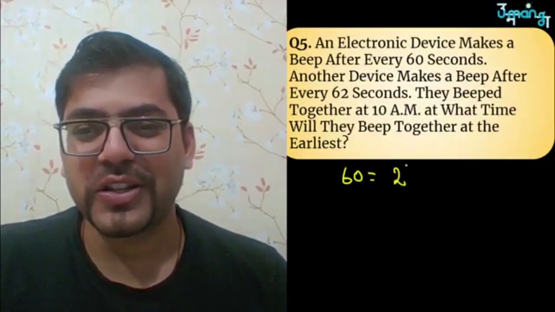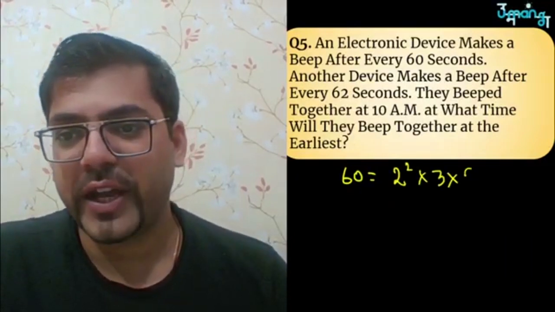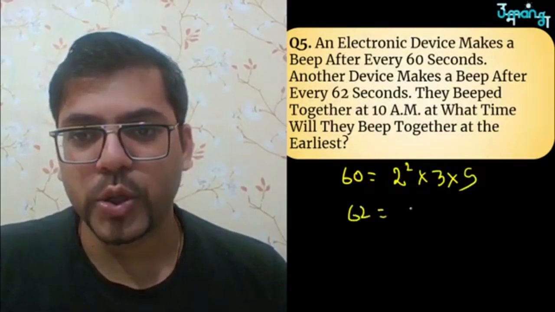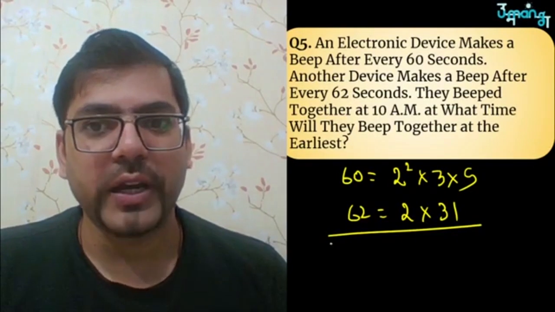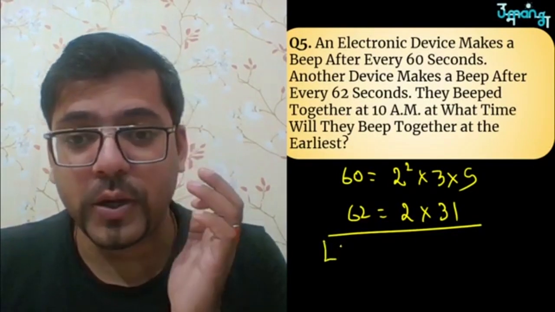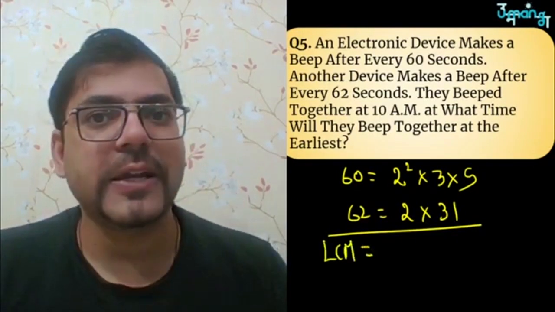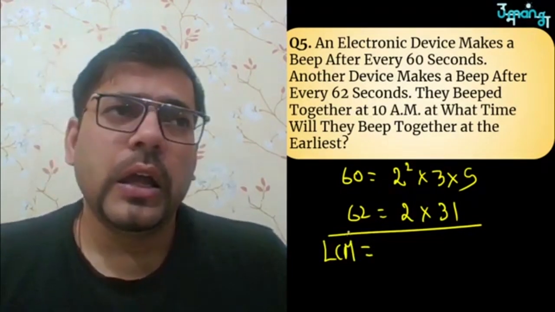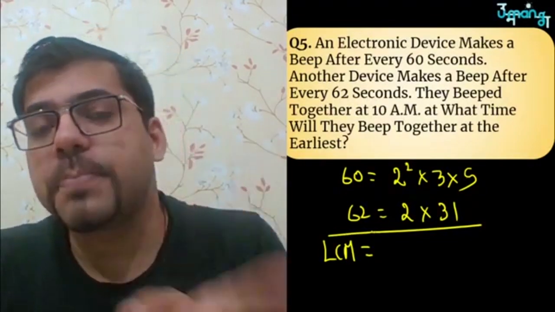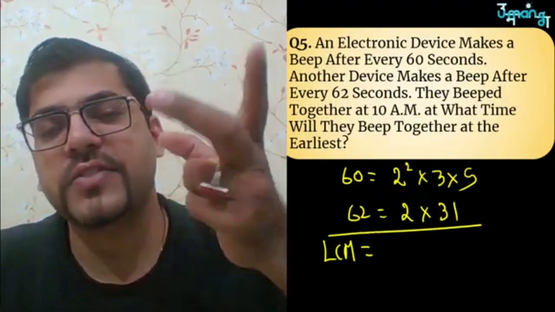So if I'm not wrong, 60 is 2 square into 3 into 5, and 62 is 2 into 31. I hope you know the method of finding LCM. The method is pretty simple: you write all prime factors. Mind the difference from the HCF.